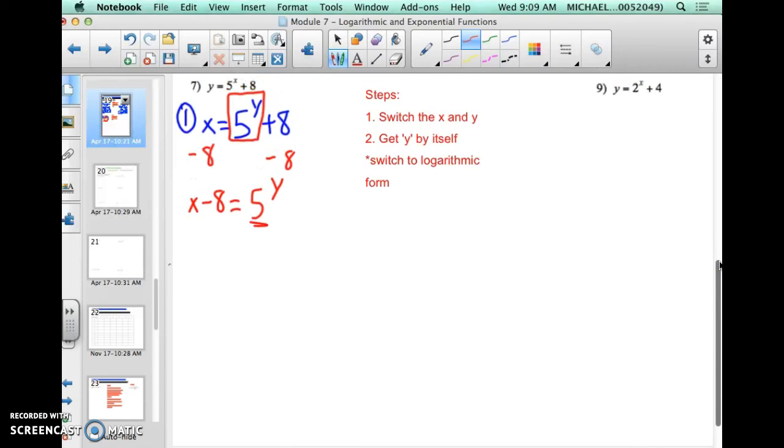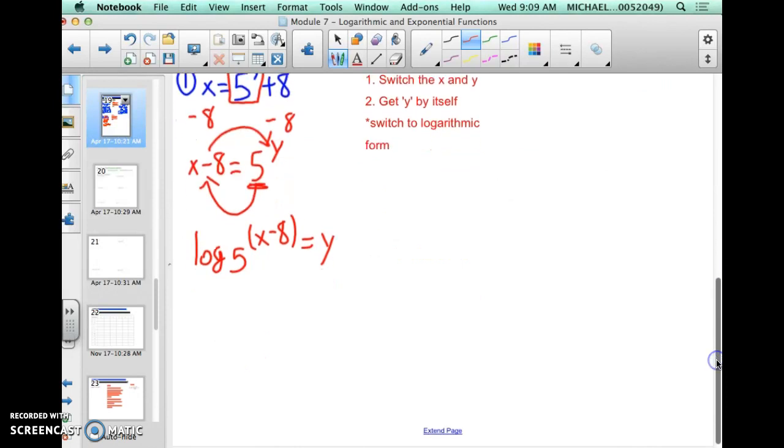So I still take the base of 5, so I know I'm going to have log base 5 of x minus 8 equals y. So if I write that, log base 5 of x minus 8, I can group them now because they go together, equals y. And to finalize it, I write it in inverse notation.